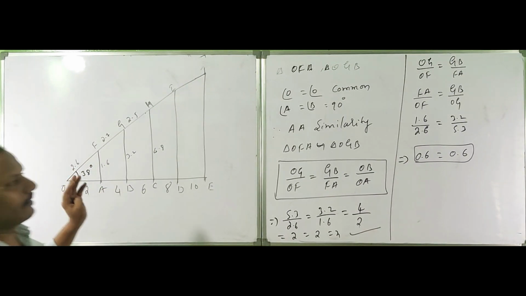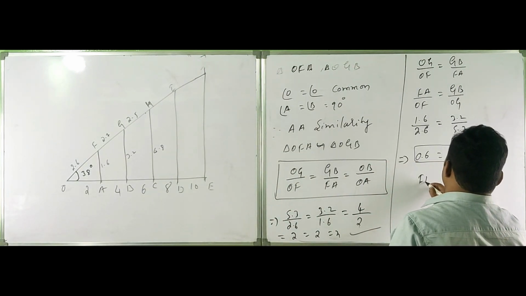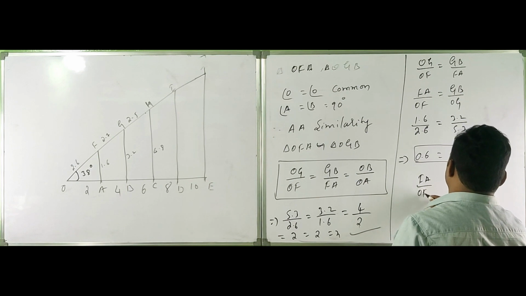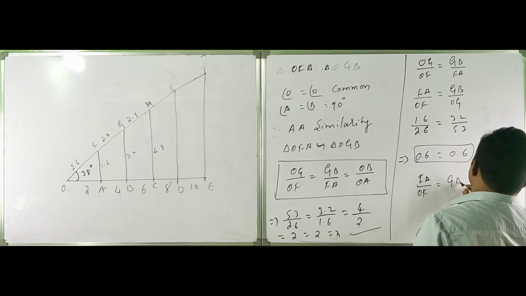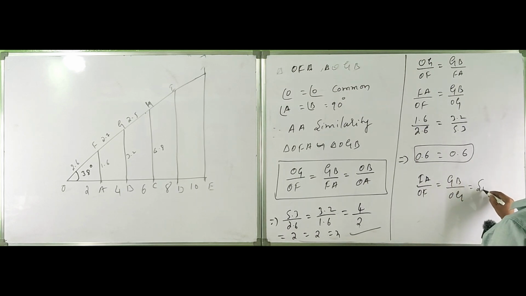That is the beauty here. This FA by OF is equal to GB by OZ, we are writing as sine of 38 degree.